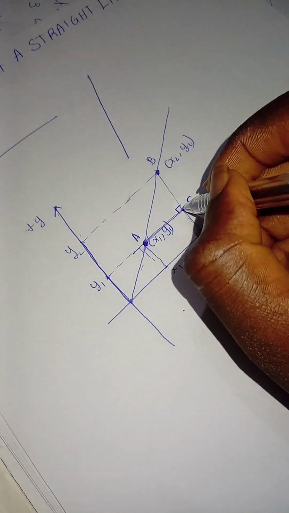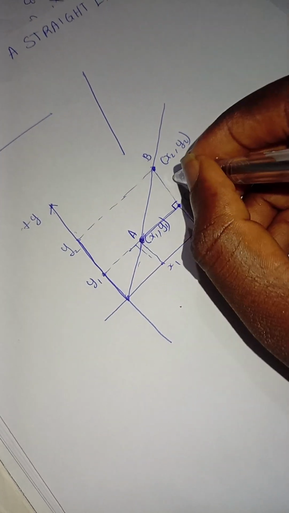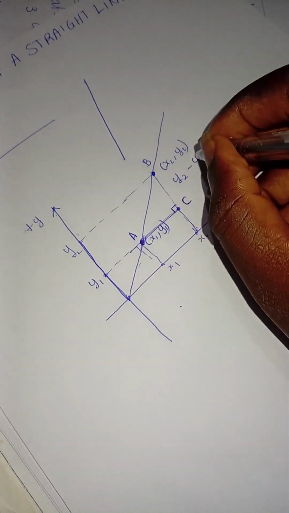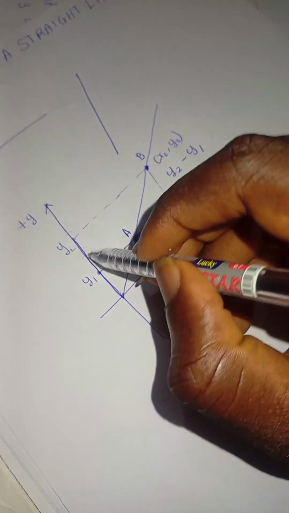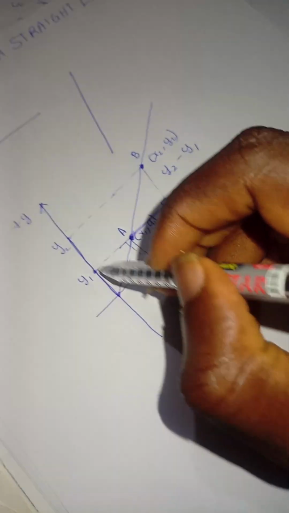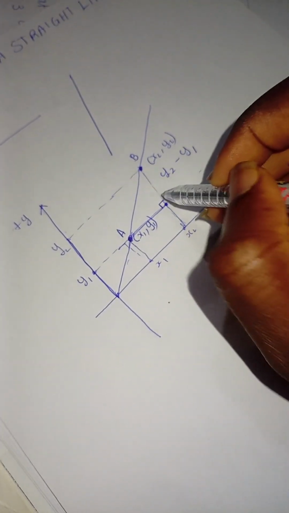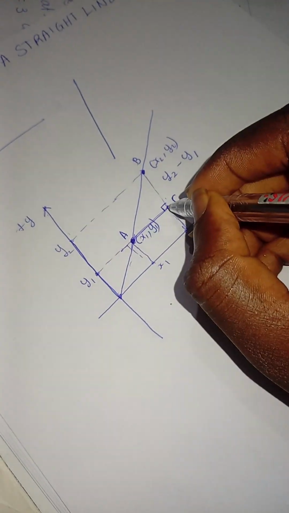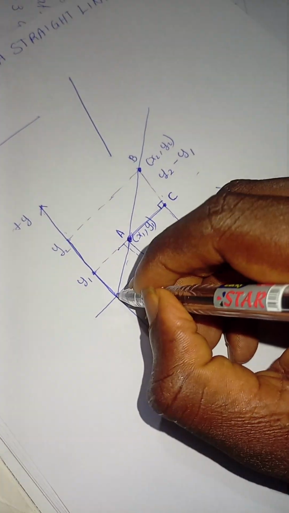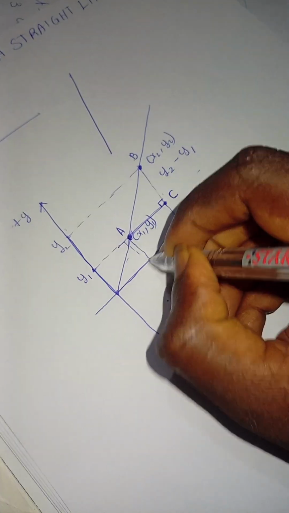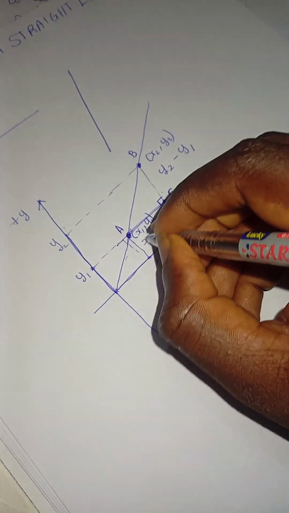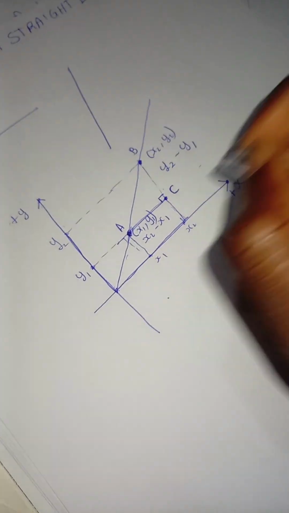This point is just y2 minus y1. Subtract y1 from y2, that is where you get this point. Then from here to here is x2, and from here to here is x1. So this will just be x2 minus x1.